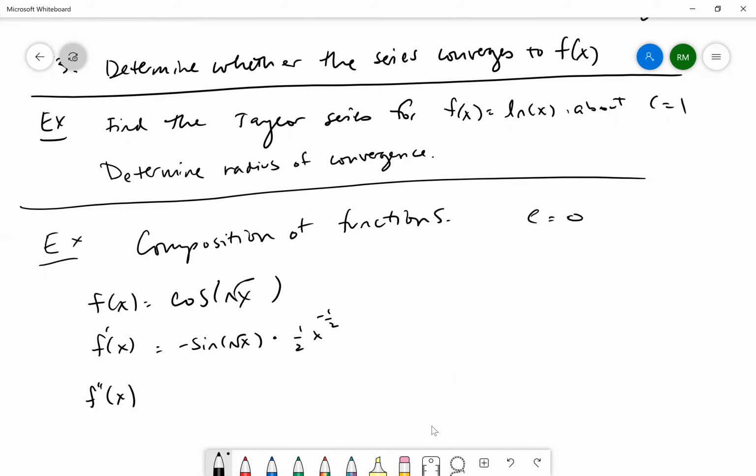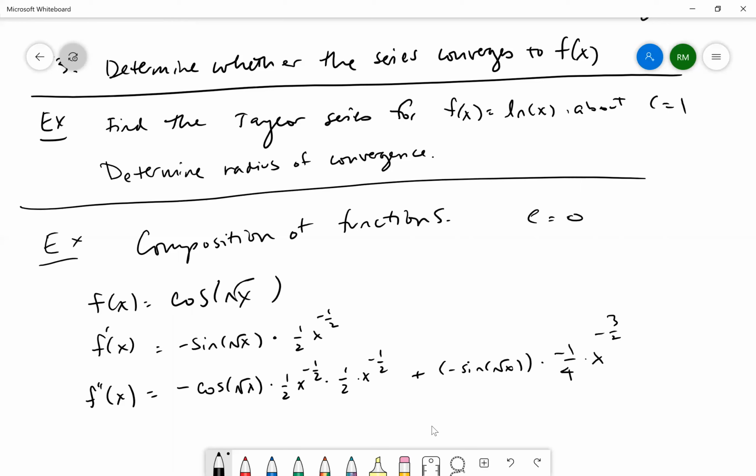The second derivative of x is equal to, well, let's take a look here, minus the cosine of root x times 1/2 x to the negative 1/2 times 1/2 x to the negative 1/2, plus negative sine of root x times, let's see, I think this needs to be -1/4 x to the -3/2.